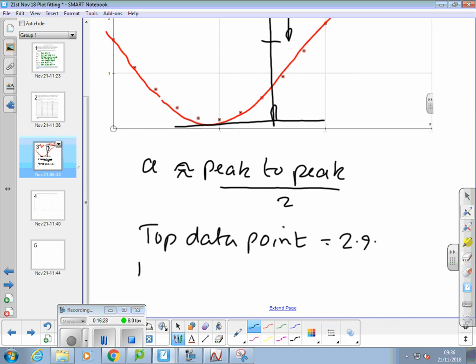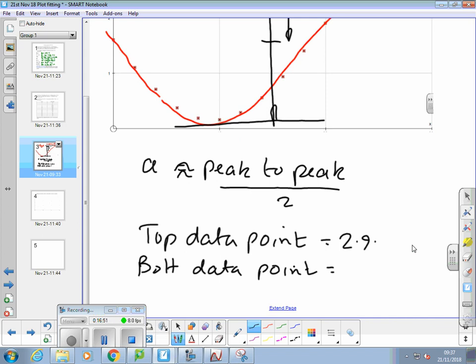Yeah, bottom data point equals, and our lowest value is 0.16, isn't it? 0.16.